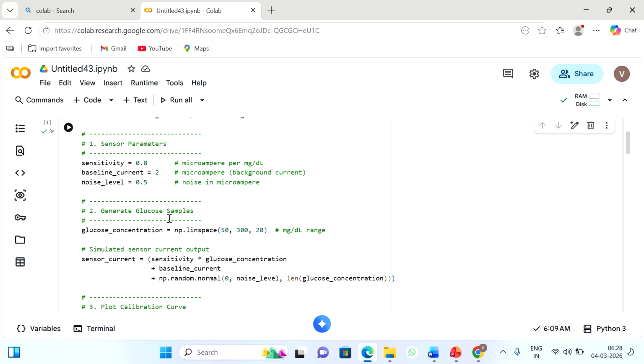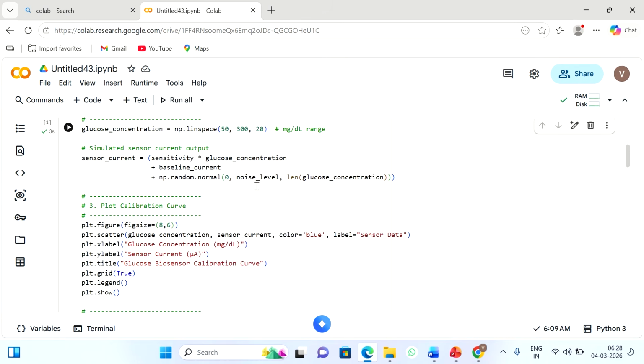Sensitivity is equal to 0.8 microampere current per 1 mg per dl glucose, so that we should know. 0.8 is measured in microampere, under 1 milligram per dl glucose. Baseline current: even with no glucose, the sensor will show a small background current, due to electrodes and electronics.